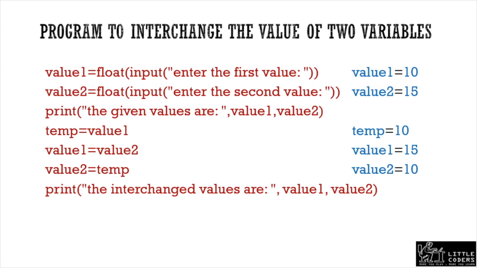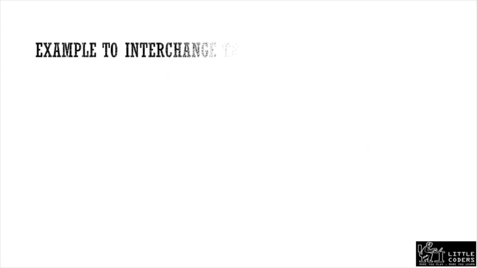Now value 1 is equal to value 2, that is, value 1 will be replaced by value 2. Now value 2 is equal to temp, so value 2 will be replaced by the value of temp, which is nothing but the original value of value 1. So the interchanged values are value 1 as well as value 2. This is an example of interchanging the values.